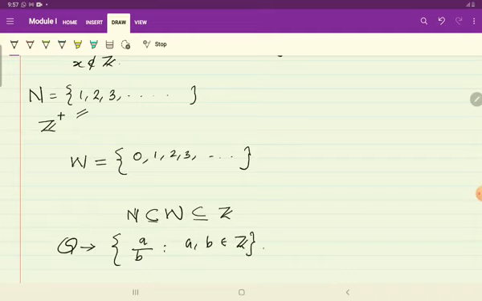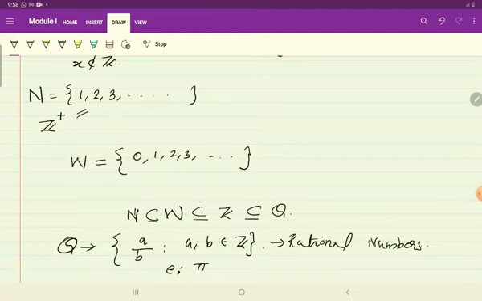The numbers formed in this way are called the set of rational numbers, generally denoted by the letter Q. So Z is contained in Q, and there are some other numbers which cannot be written in this form a by b, like e, the Euler number, which is an irrational number, and another number, pi.